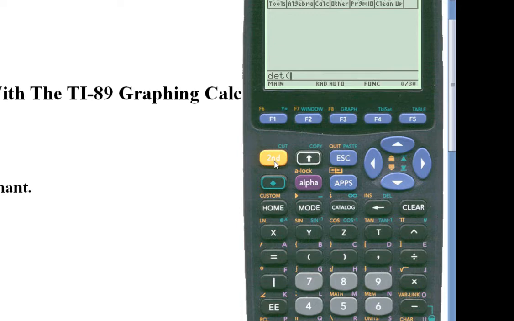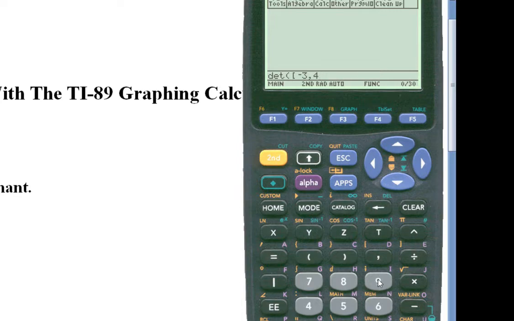So we hit second, and then the comma is the left bracket there, and then enter the components, the first row, -3, comma, okay, just like with the matrix, and then 4, and then once you enter a row, it has to be followed by a semicolon. So hit second key, and then the semicolon symbol is right there, upper left corner of 9 here.